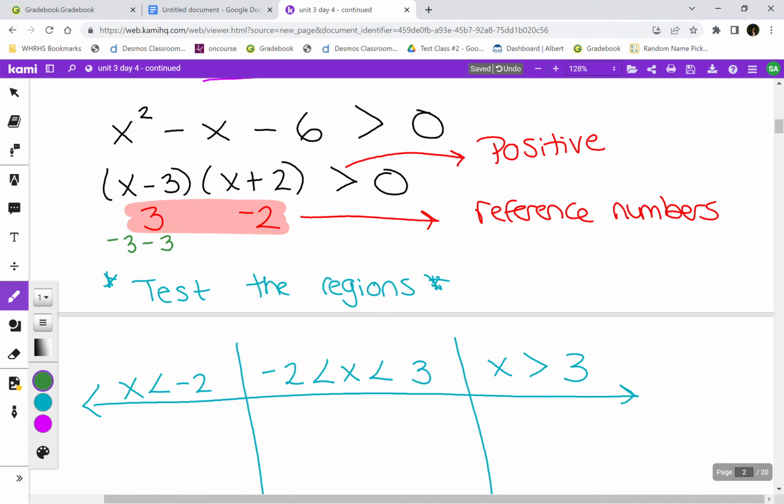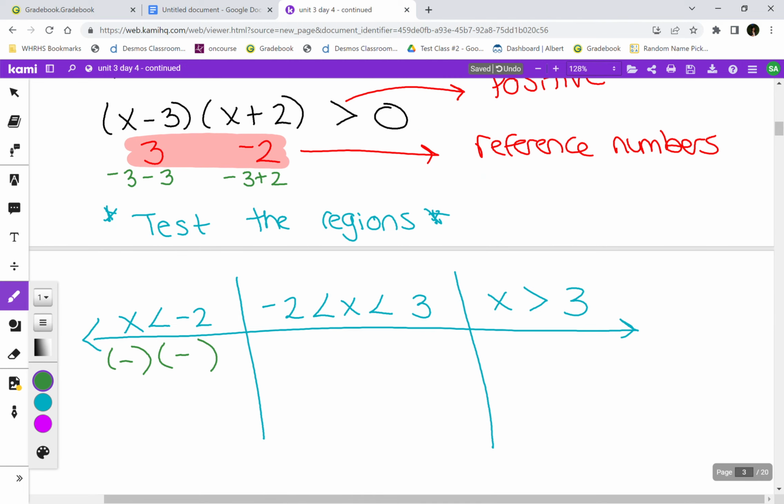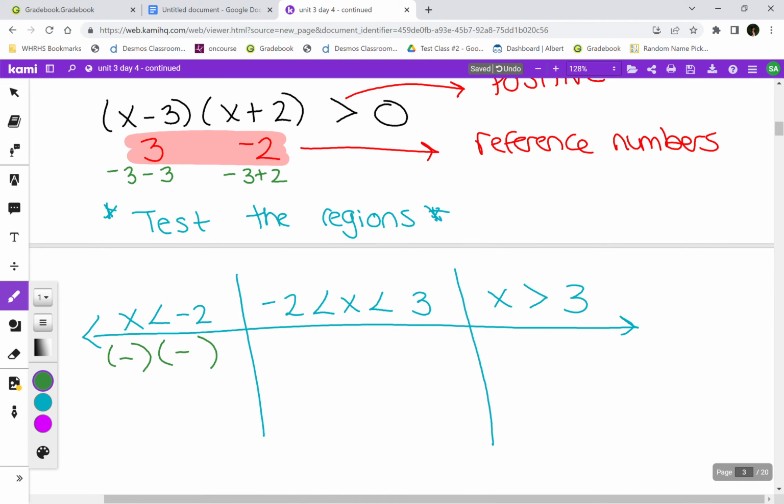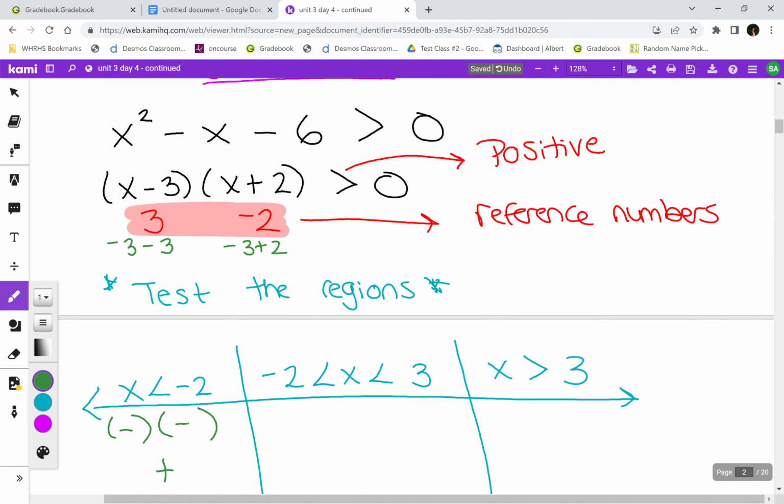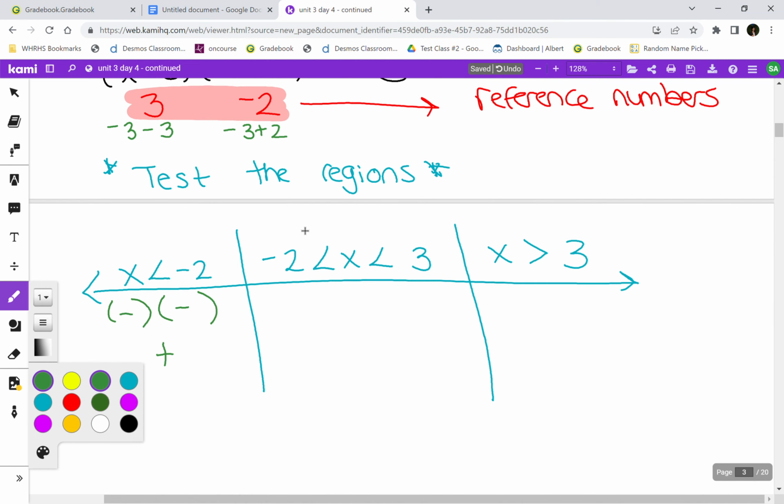What's -3 minus 3? -6, right? And then we have -3 plus 2, which is -1. I only care about the signs. Well, what's a negative times a negative? A positive. Did we want a positive product? Yes, so guess what? This is a winner.